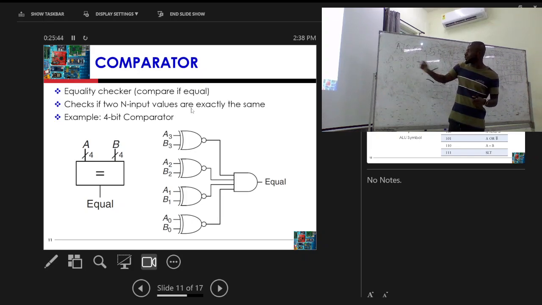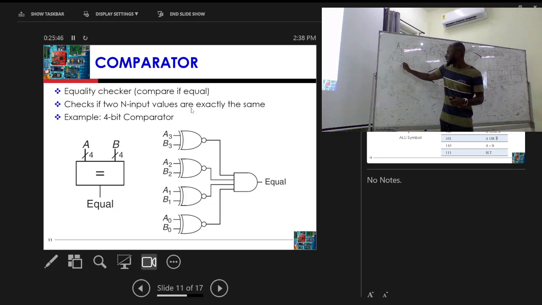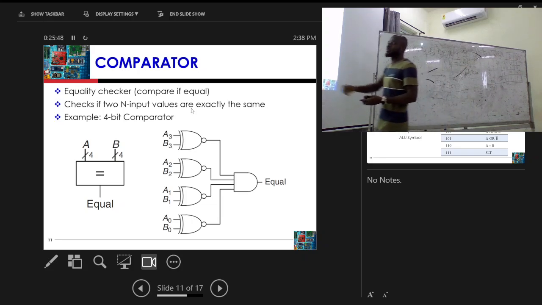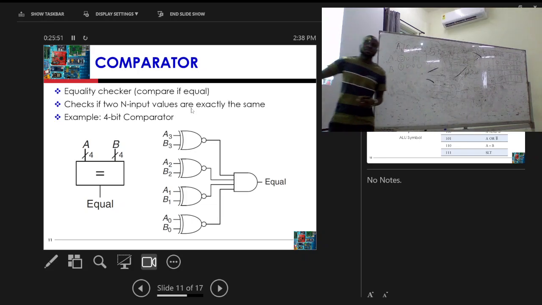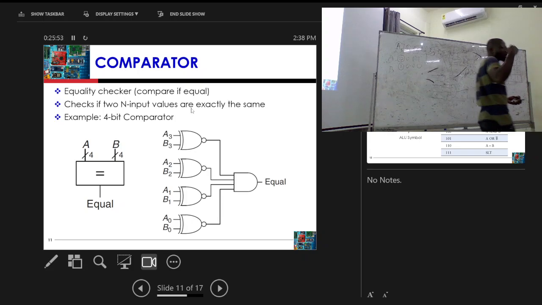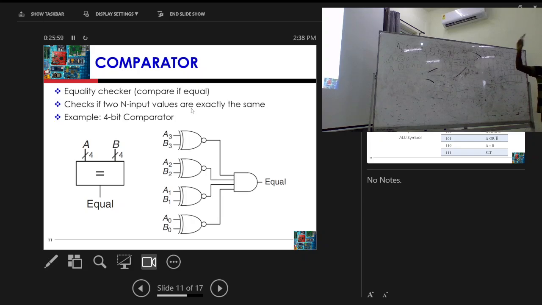What you do first is you compare this and this. That will be the first one, right? As soon as you compare that one, what happens to the output? So if A3 is 0, right? And B3 is 0, from the truth table, what happens? The output is what?